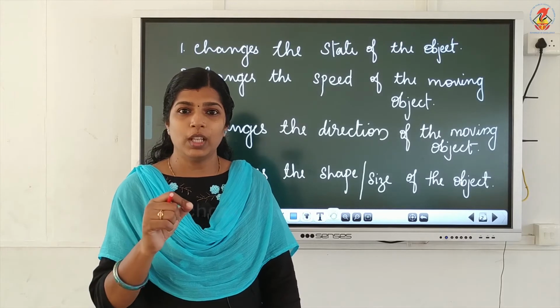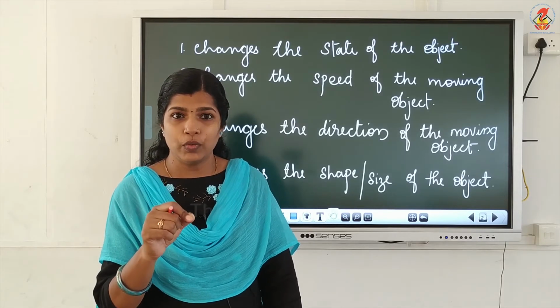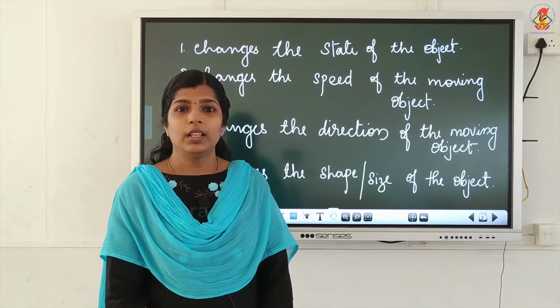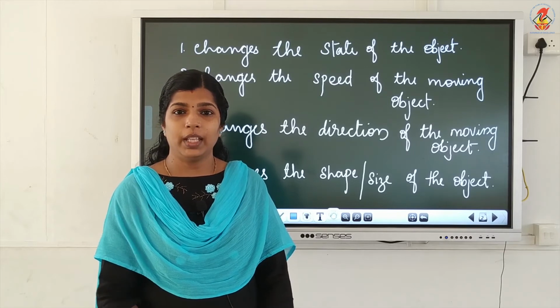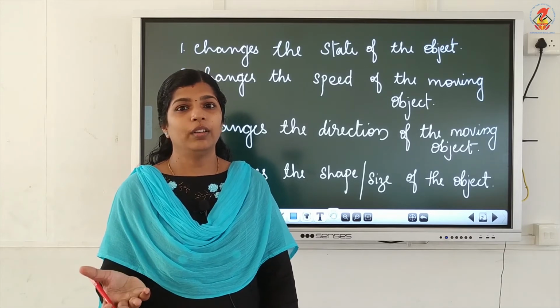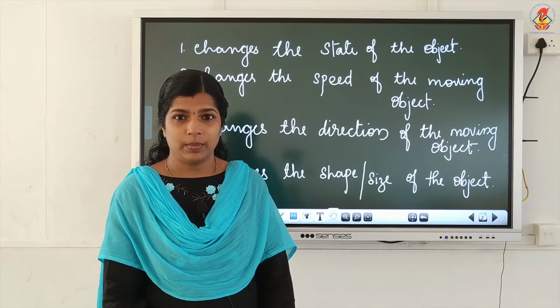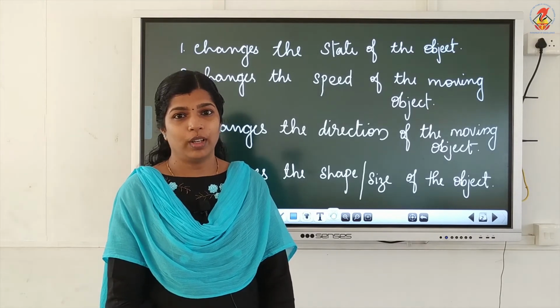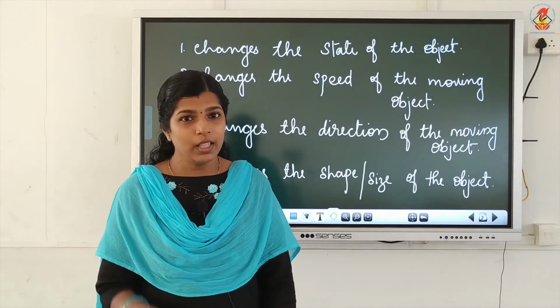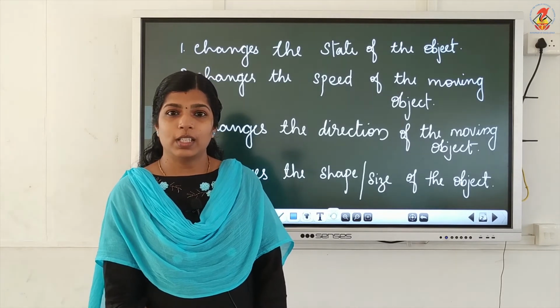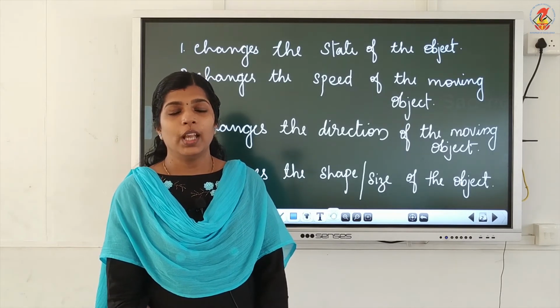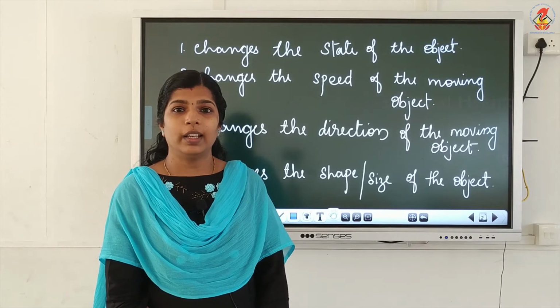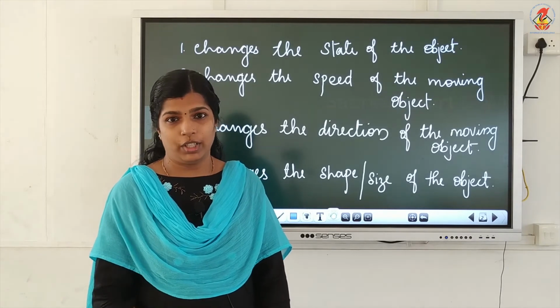When it is moving in a straight line, if you apply a force, then definitely changes will be there, either in the direction or in the magnitude. Means the speed will increase or decrease. So, here in this chapter, we will discuss force and its related quantities.